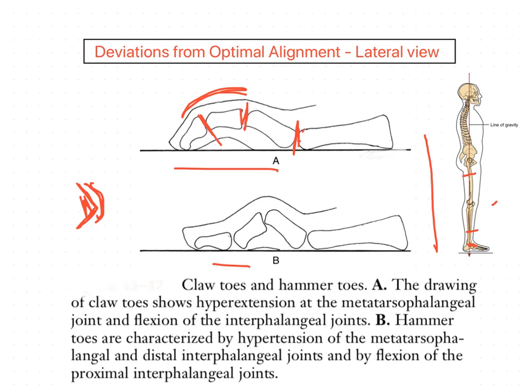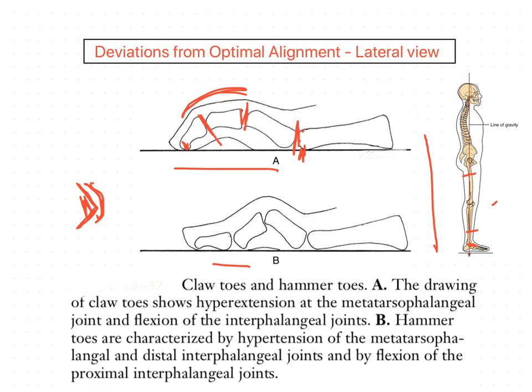This causes an abnormal distribution of weight, which may result in callus formation under the heads of the metatarsals, and also under the end of the distal phalanx.